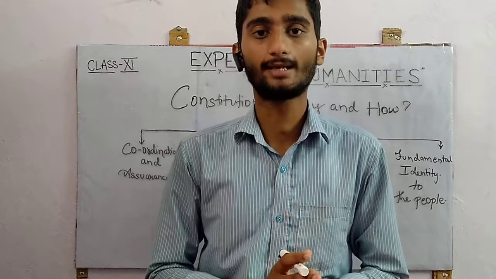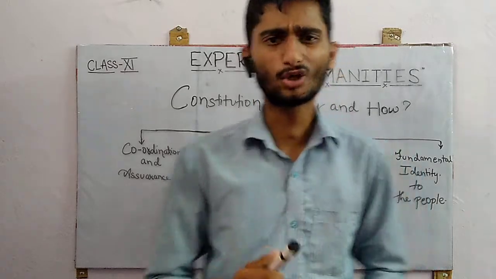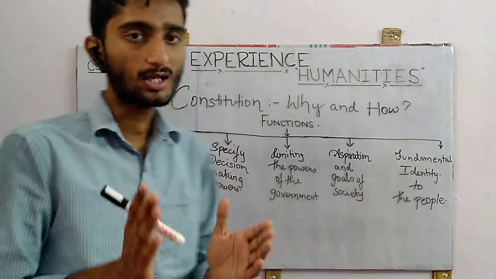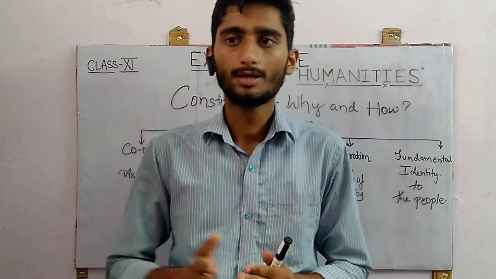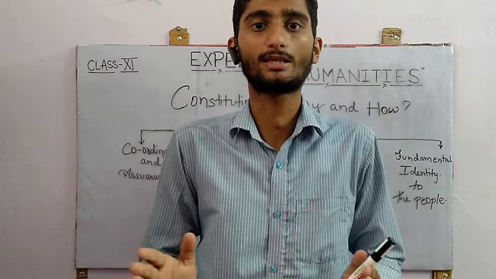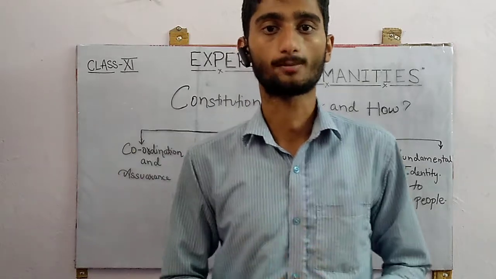So this is done by our Constitution. And when we talk about assurance, what is assurance? When you are assured of something, you get a sigh of relief that you are safe and secure from the rules and the regulations of the Constitution.